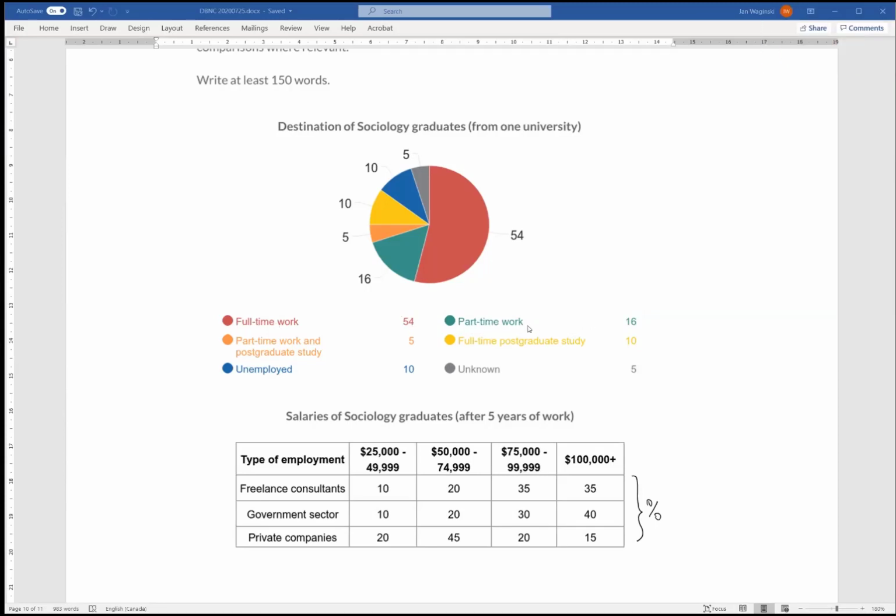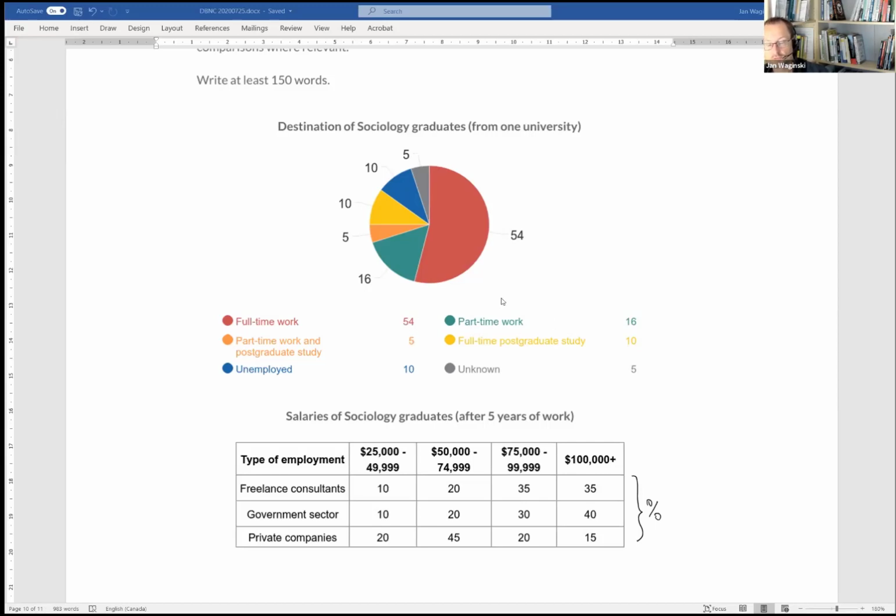Or just 70% work, 64, right? 64. But hang on, this 5% also includes part-time work. So it's 75% found some kind of work.